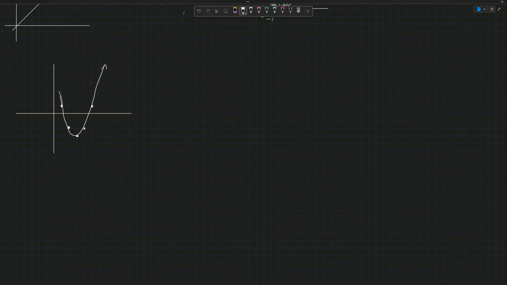Of course, my parabolas are always the worst looking ones, but this being the y-axis and this being the x-axis. And as you can see, the parabola touches the x-axis at exactly 2 points. These 2 points are known as roots.